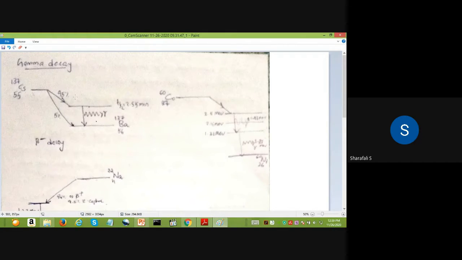So normally this is a beta decay. But for example, in this case cesium, which is decaying into barium. So cesium, which is having mass number 137 and atomic number 55, is converting into or decaying into 137 and 56.